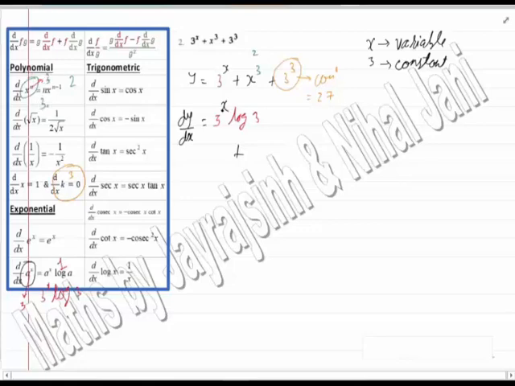So its differentiation will be 3x raised to 3 minus 2. And the third term is a purely constant term, so its differentiation is 0. So our final answer will be 3 raised to x log 3 plus 3x raised to 2. Tada!